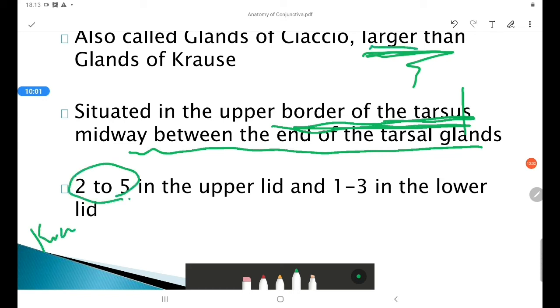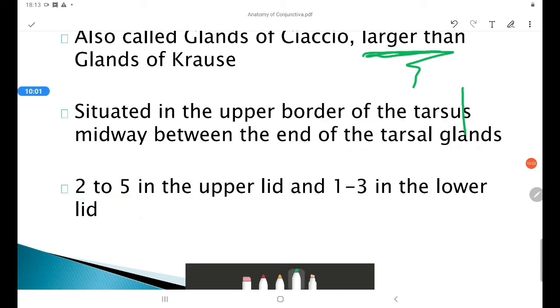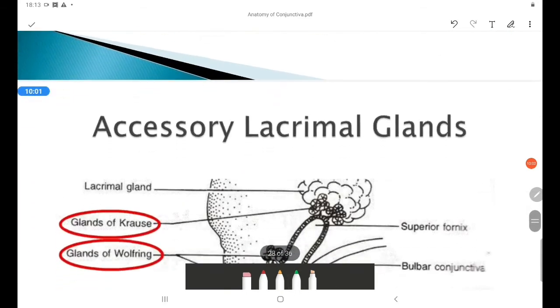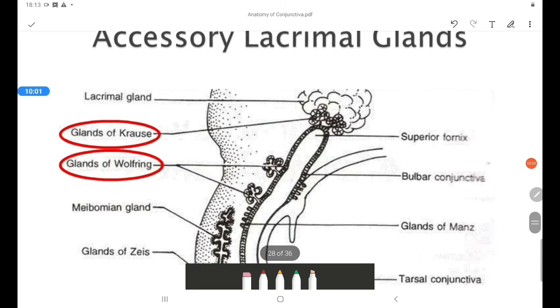So they are larger in size than Krause, but their number is less. This is the location of Krause and Wolfring: these are Krause glands and they are around 42 in number in the upper lid, whereas Wolfring is just 2 to 5.